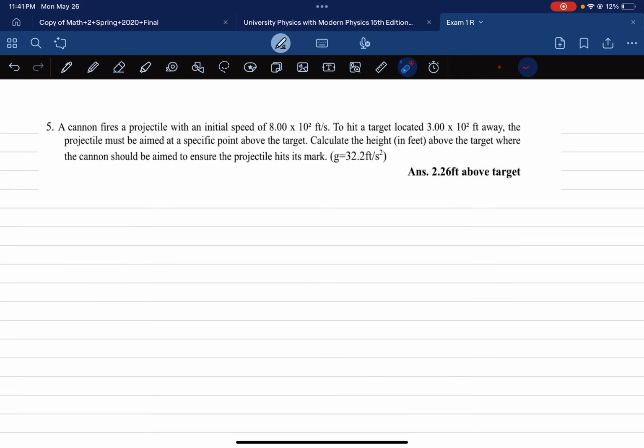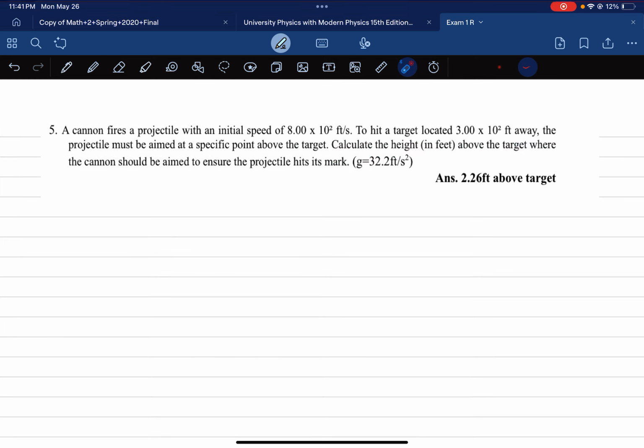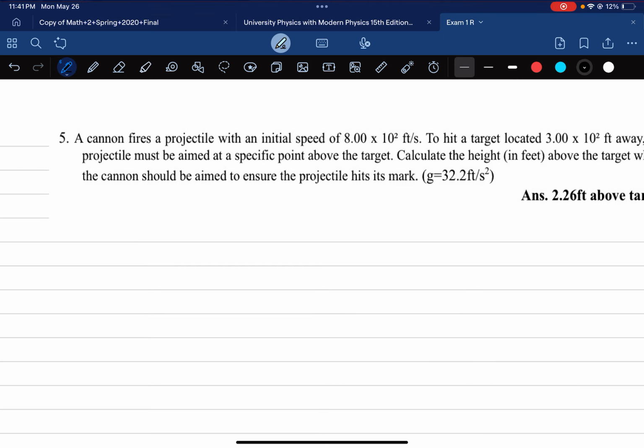So let's continue on with what it's saying. The projectile must be aimed at a specific spot above the target. So obviously it's going to be aimed somewhere above the target right here. It says calculate the height in feet above the target where the cannon should be aimed to ensure the projectile hits its mark.